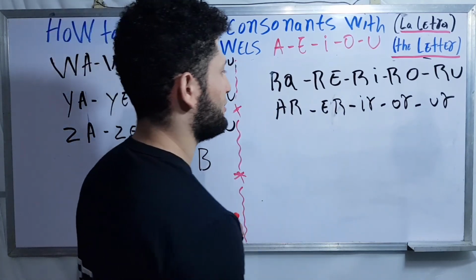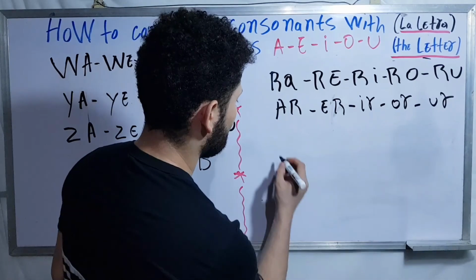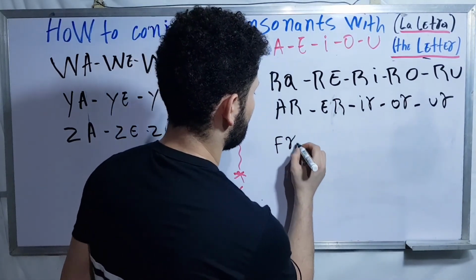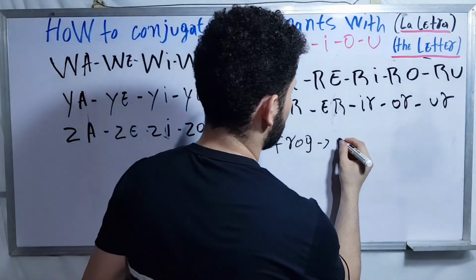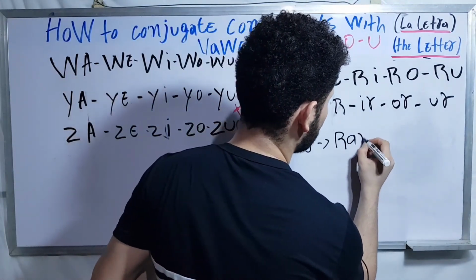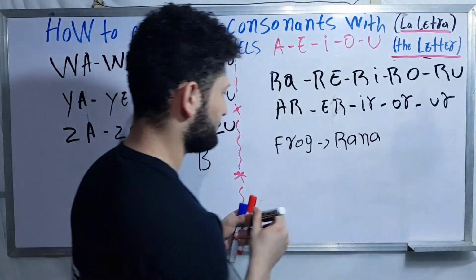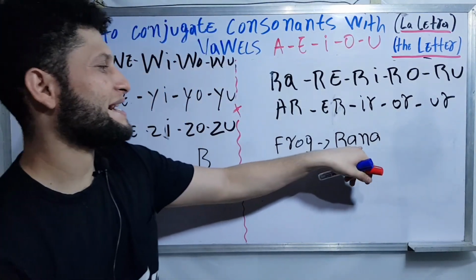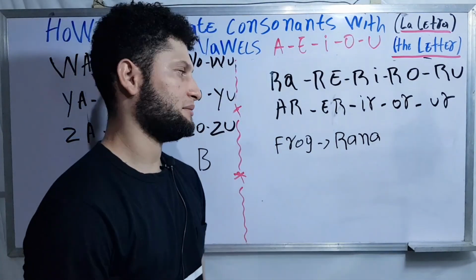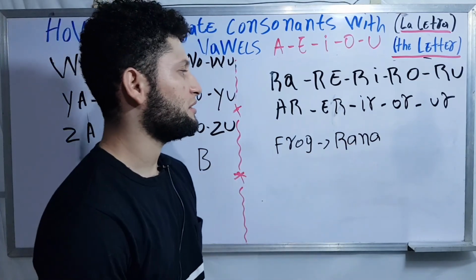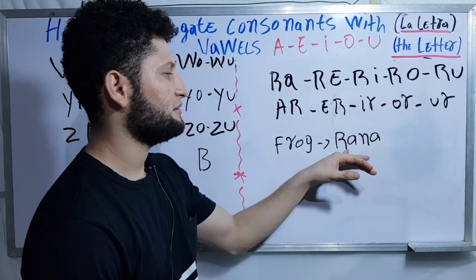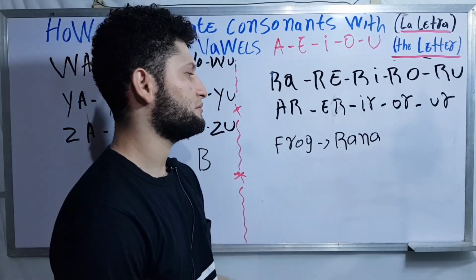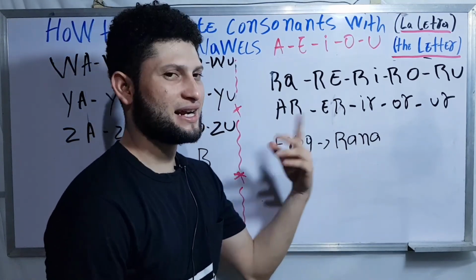For example, this word in English is an animal. In Spanish it is frog, rana, rana. So why does the letter sound like this? Because it's at the beginning of the word.